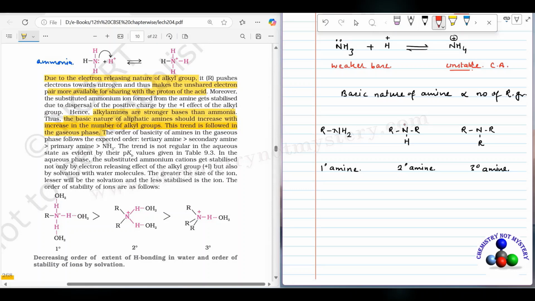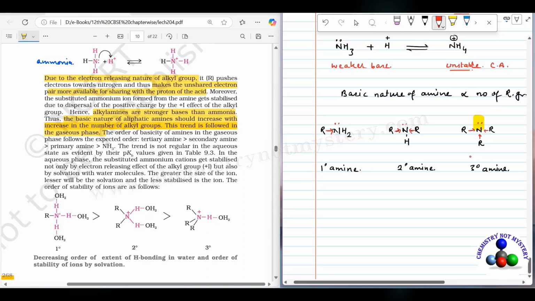In primary alkylamine, there is just one alkyl group which donates electron density to nitrogen via +I. In secondary alkylamine, there are two alkyl groups which donate electron density to nitrogen via +I. And there are three alkyl groups which donate electron density in the tertiary amine. So in the case of tertiary amine, the availability of the lone pair over nitrogen for donation will be the maximum.